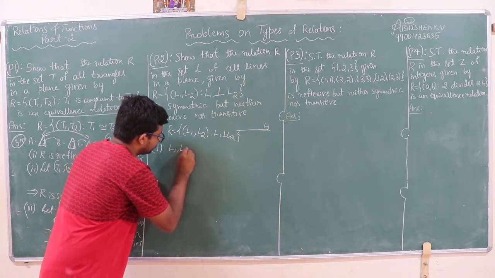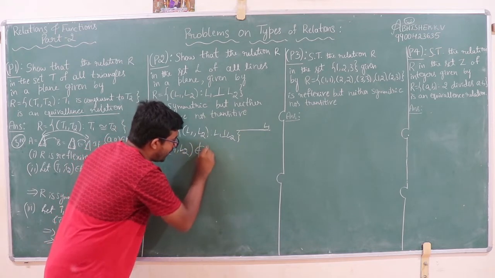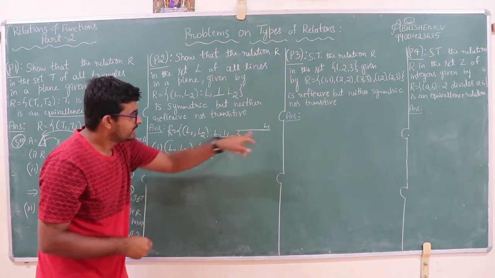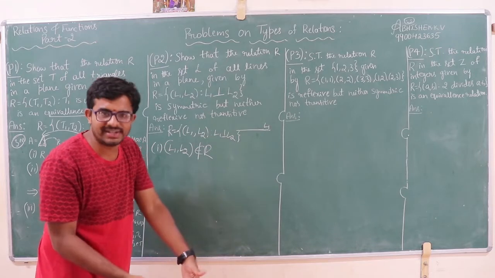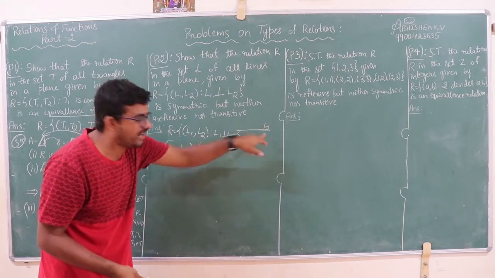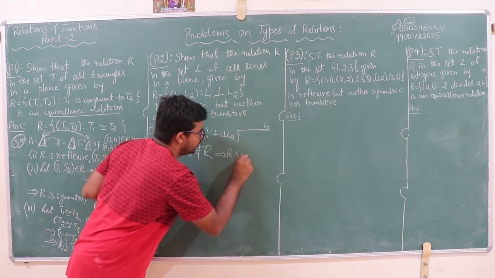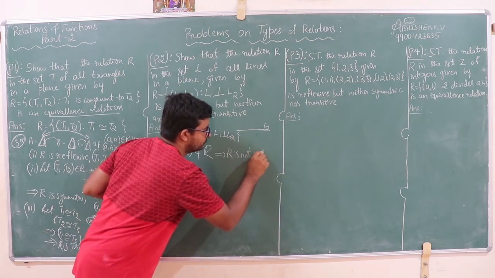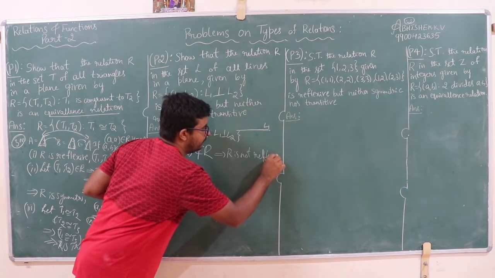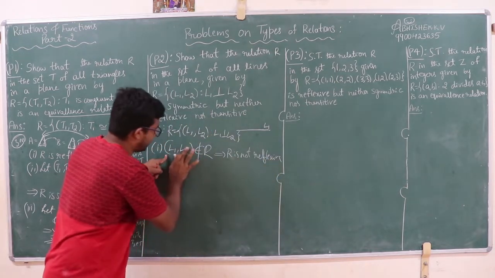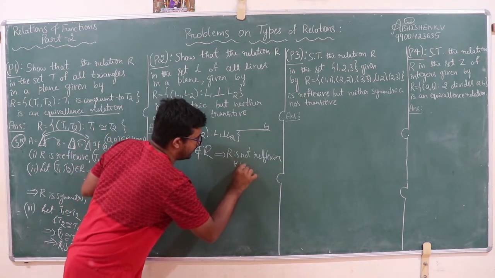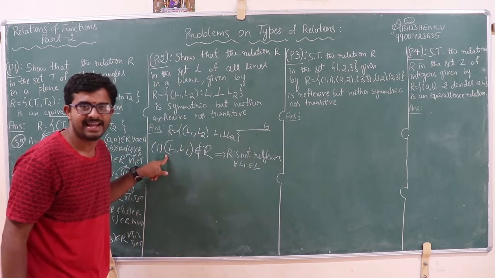So (L1, L1) does not belong to the relation. Yes, a line is not perpendicular to itself. This implies R is not reflexive, for all L1 belonging to the set of lines L.